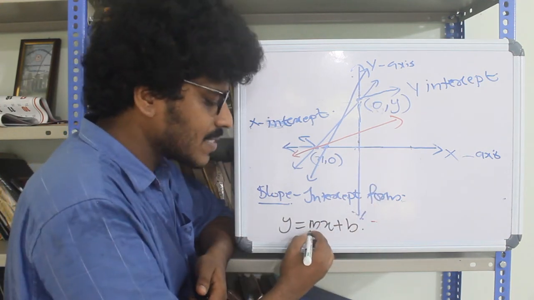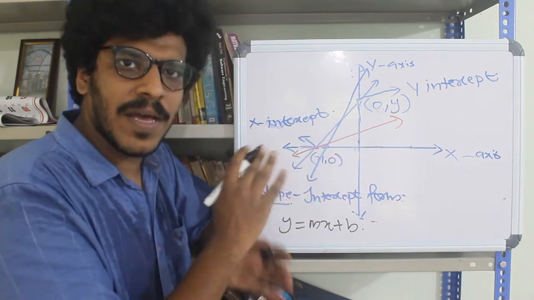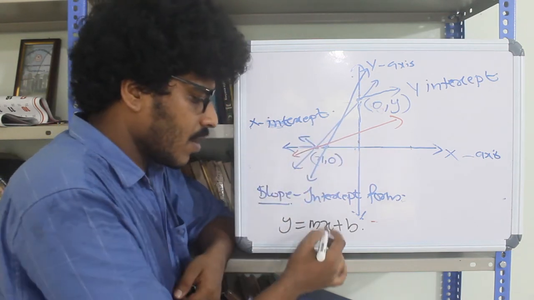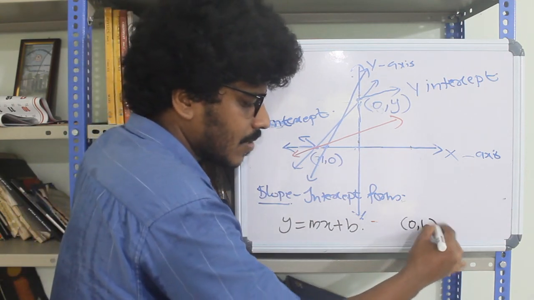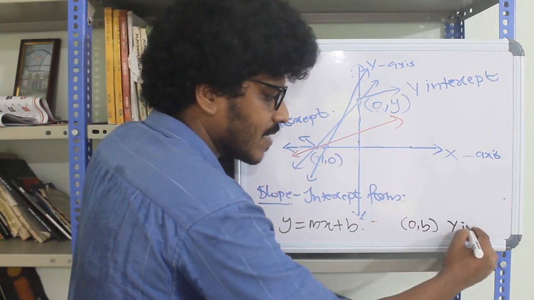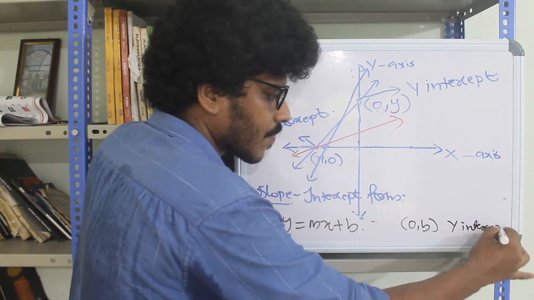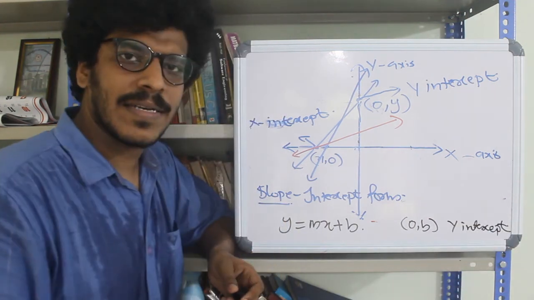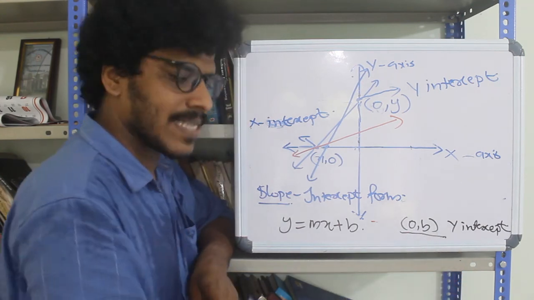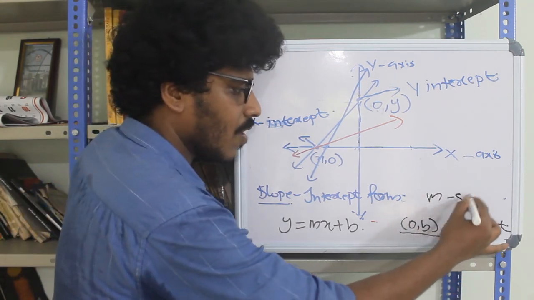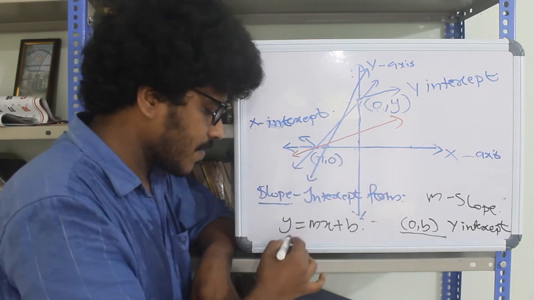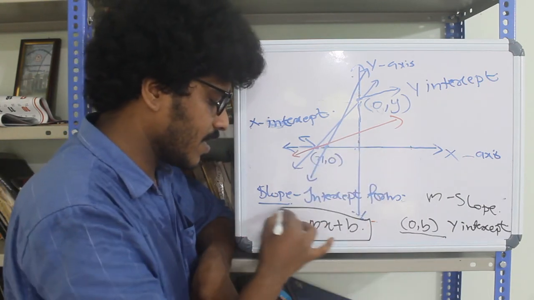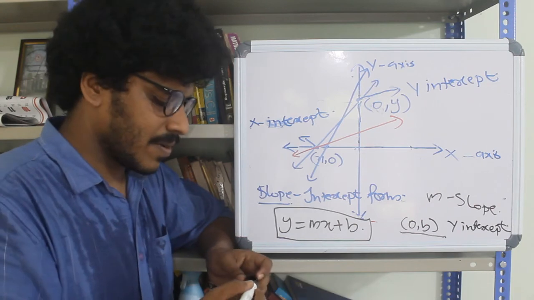Where m is the slope of this line, we'll explain what slope is later, and (0, b) is the y-intercept. If (0, b) is the y-intercept and m is the slope, then the equation corresponding to that graph can be given as y equal to mx plus b.